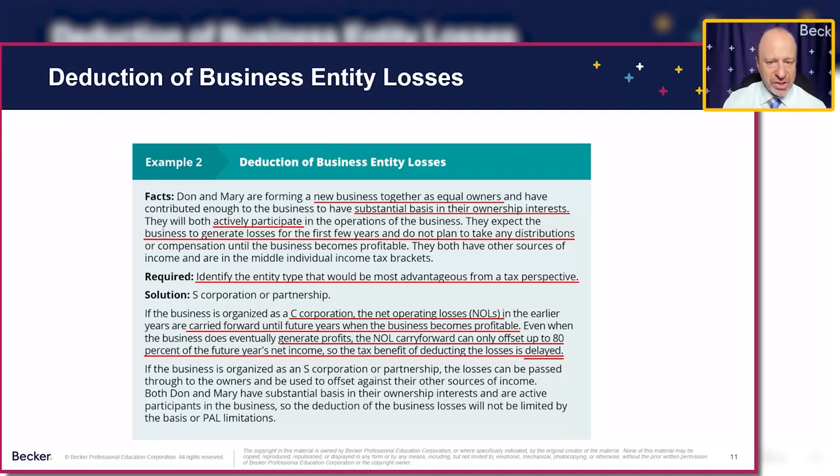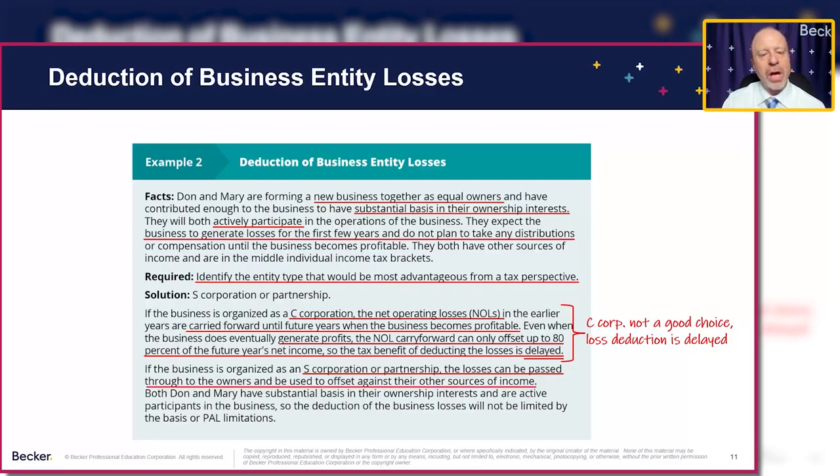So the problem with the C corporation here is there's going to be a delay in recognizing these losses. So in this particular situation, a C corp is not a good choice because being able to deduct the loss will be delayed. But compare this to an S corporation or a partnership. Here, the losses can be passed to the owners immediately and offset other sources of income. And that is a good thing.